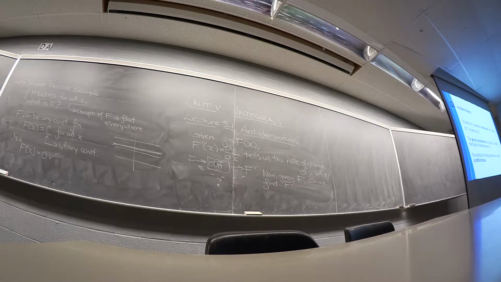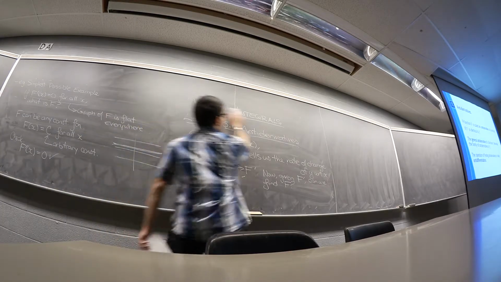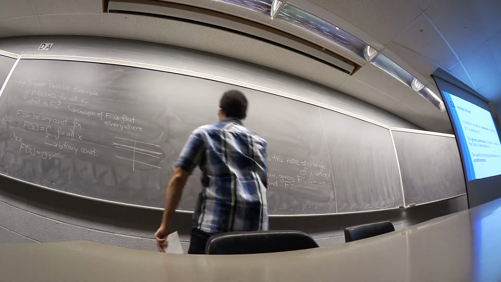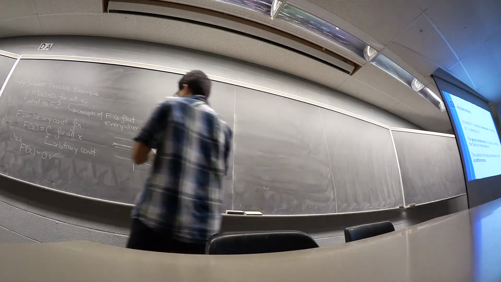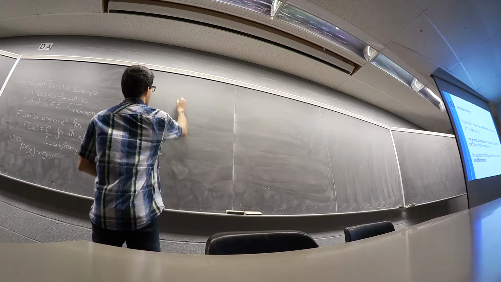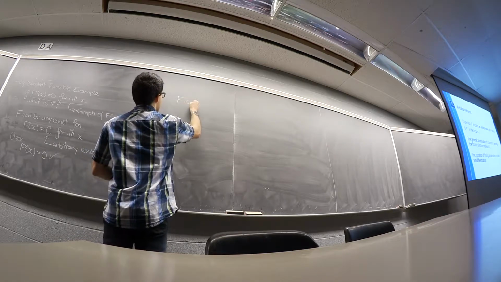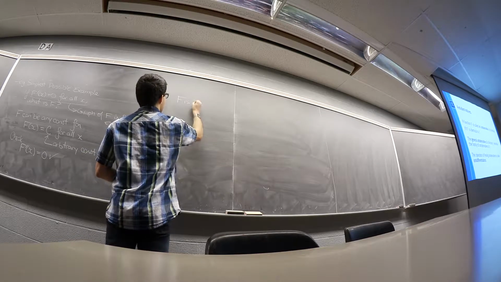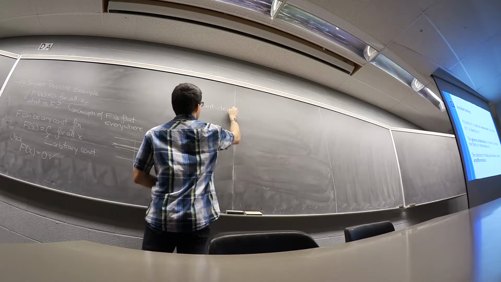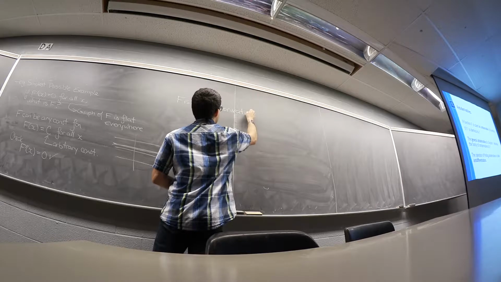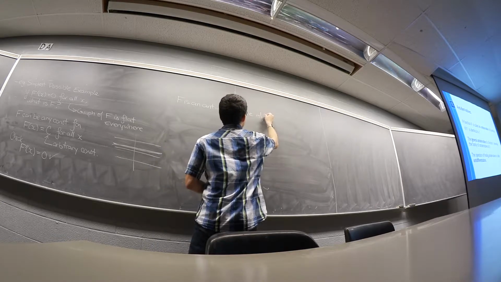So function big F is called an antiderivative of function little f if big F's derivative is identical to little f. If you don't want to write that, write this: big F is the antiderivative, or an antiderivative, of little f.